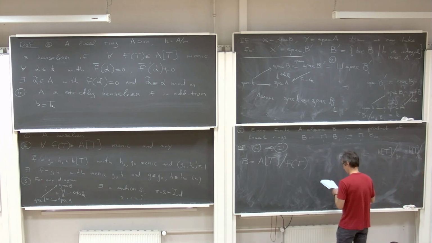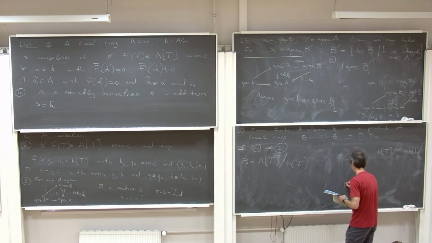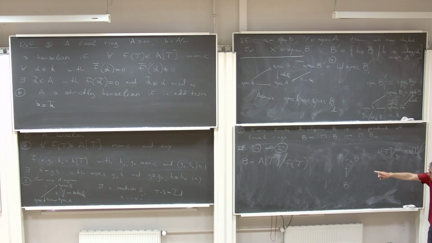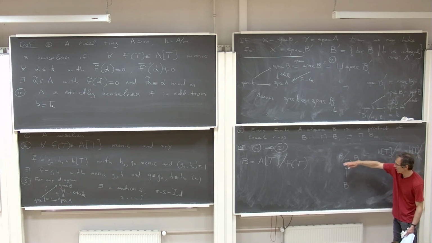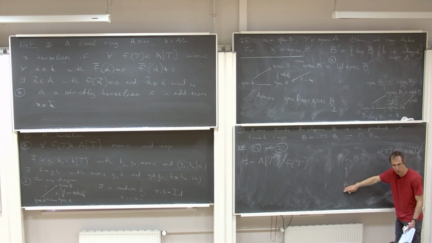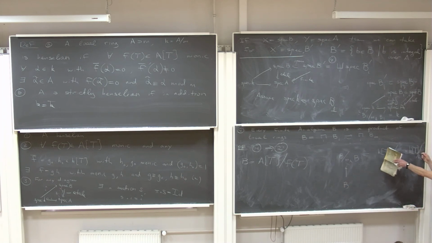Now I have B mapping here. And so we already know 4. So 4 tells me that connected components of the spectrum of this guy are in one-to-one correspondence with connected components of the spectrum of this guy. And in particular, here I have a factorization.